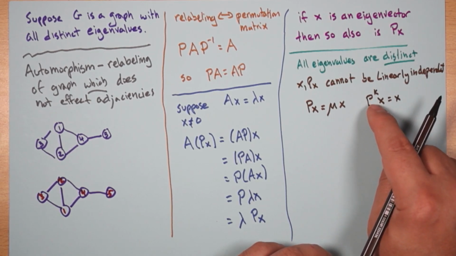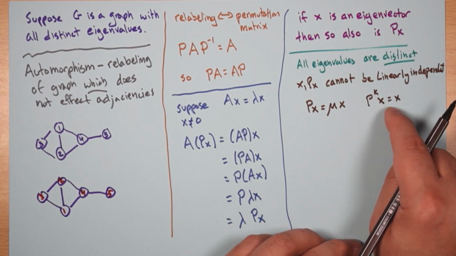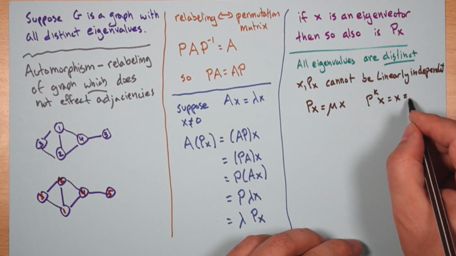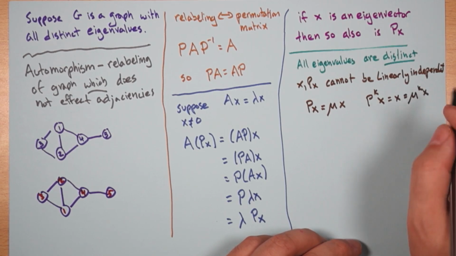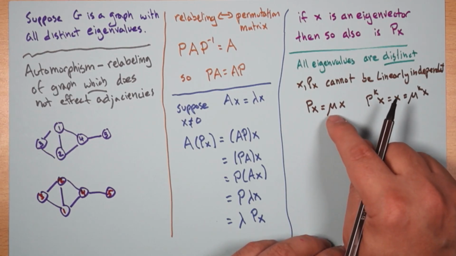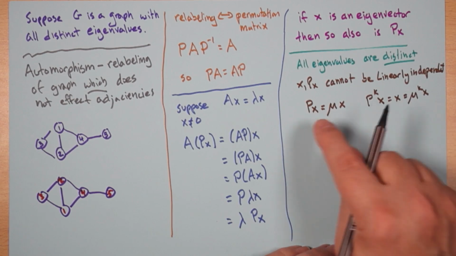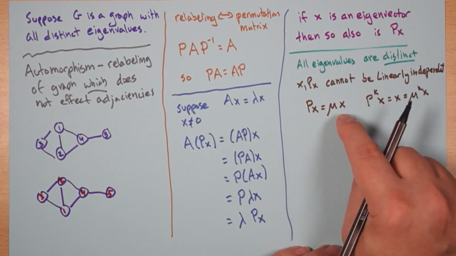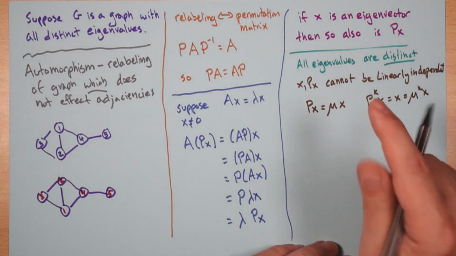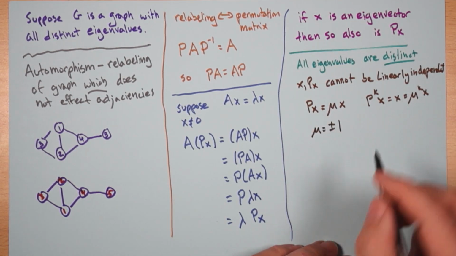Then you have to get back to where you started. Well, that has to equal mu to the k times x. So now we know that this mu has to be a root of unity. But P is real, x is real, so the conclusion is mu is plus or minus 1.